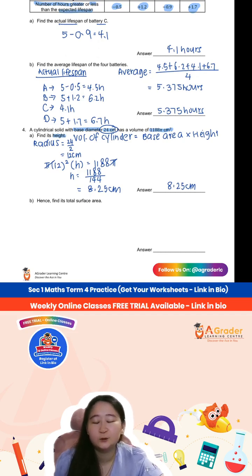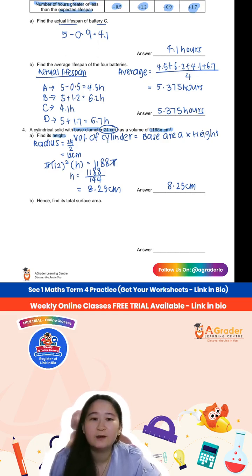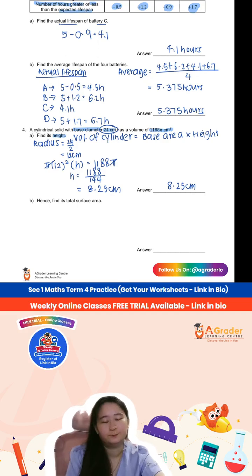Okay, last part they ask you to find the total surface area. So it's a solid means it's a cover one, so there's two area of circle plus the curved surface area.